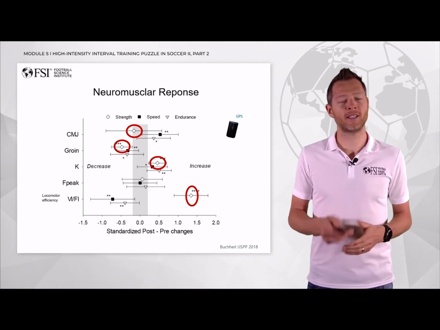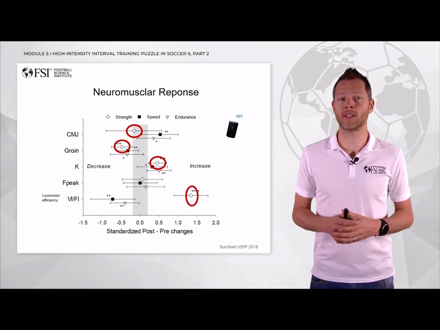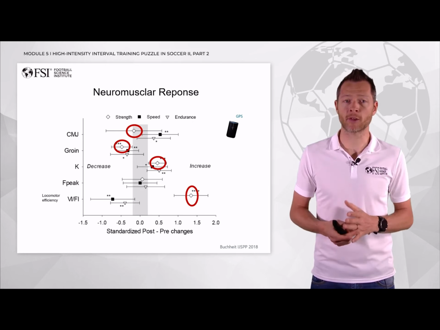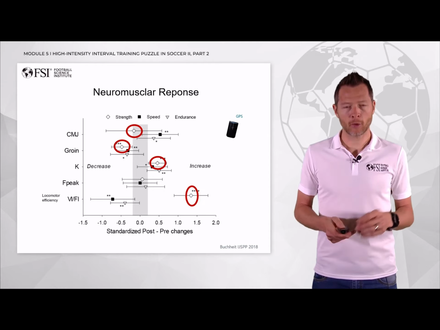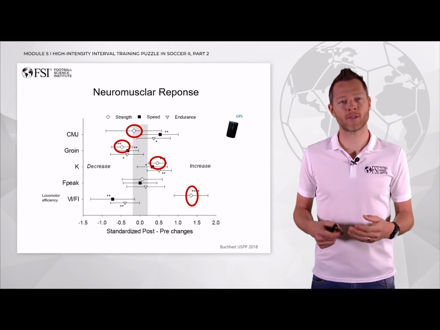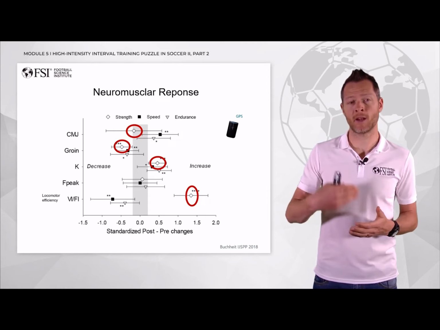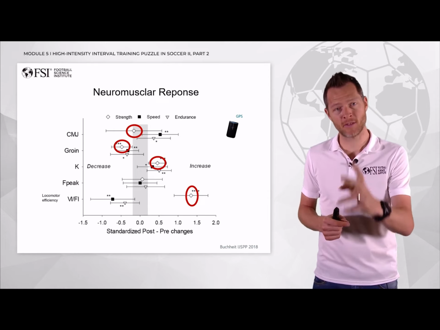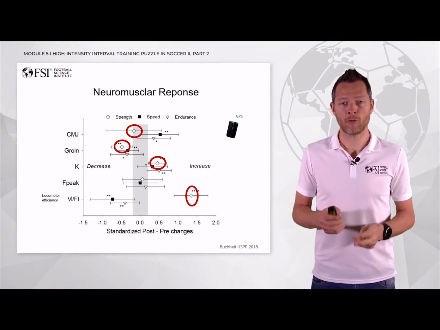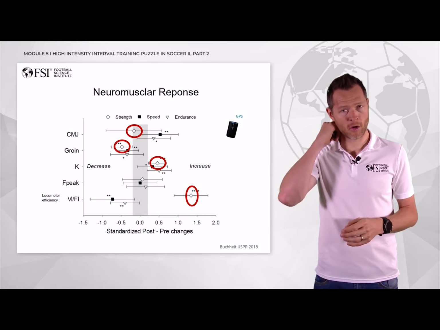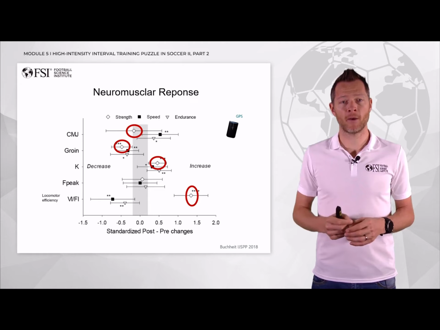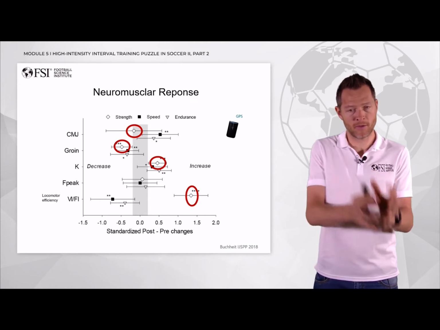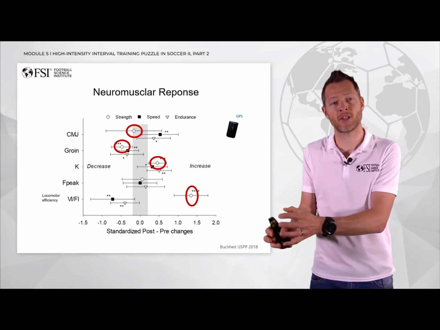Interestingly as well, and that's a slide that is also presented in the tracking monitoring lecture, if you want to understand a little bit more what happens on the neuromuscular system level after those types of specific strength sessions, we've been using some specific measures with the GPS, doing some tests before and after those sessions.